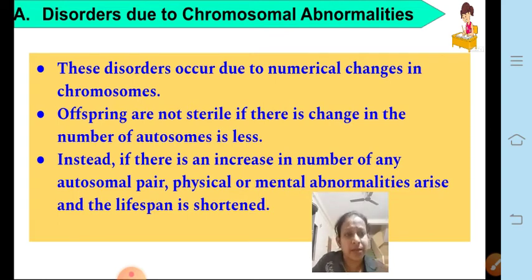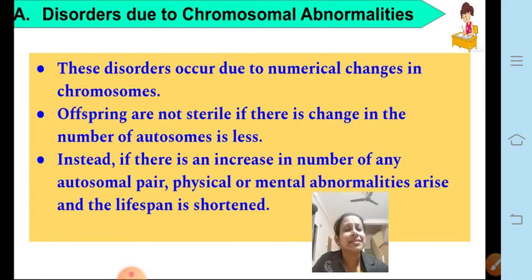Therefore, suppose there is a change in the number, especially when the autosome number is less, one of the pair, if a chromosome is missing, then the offspring, the child, will not be sterile. Sterile means they will be able to reproduce. They will be able to reproduce if the number of chromosomes is less.